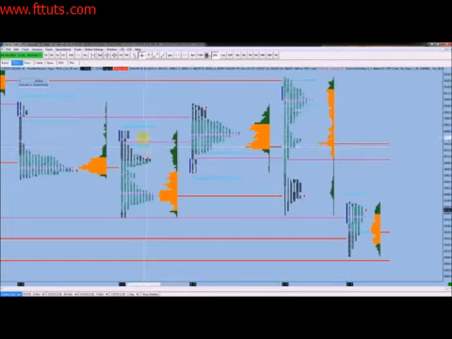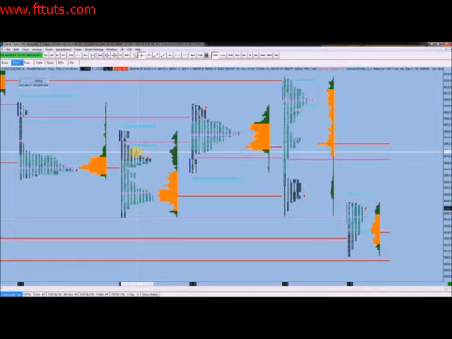So the market had sold significantly lower on the day, and our volume value area high was at 62. Now the market did shift higher and started to get out of value, which means one of two things. It's either going to shift back into value, or it's going to move and find a new value area.